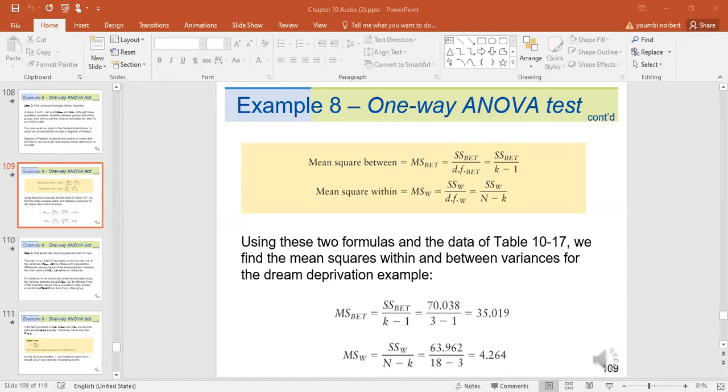Now, what is the degree of freedom of the numerator? Between is the numerator. You look at the one that is bigger, that's the numerator. What I mean by bigger is the bigger sum of the square. The degree of freedom of the numerator is 2.